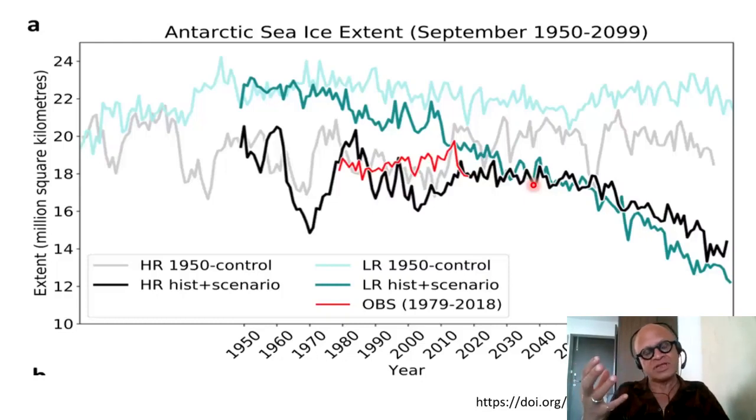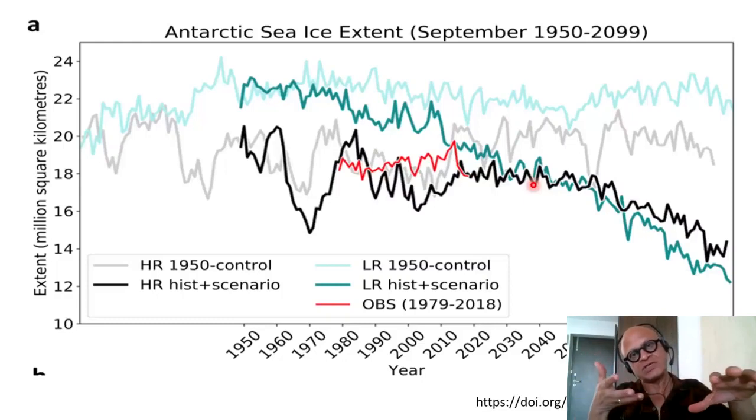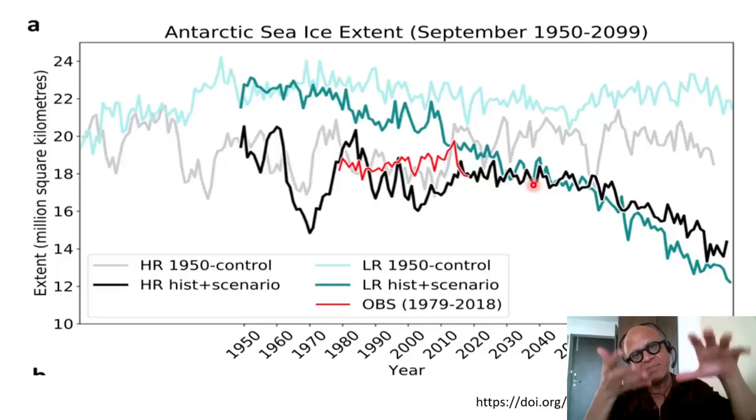When it warms, it can melt away the shelf ice from below and make it unstable, but it can also increase the atmospheric water vapor, because the warm ocean makes the atmosphere warmer and moisture increases.